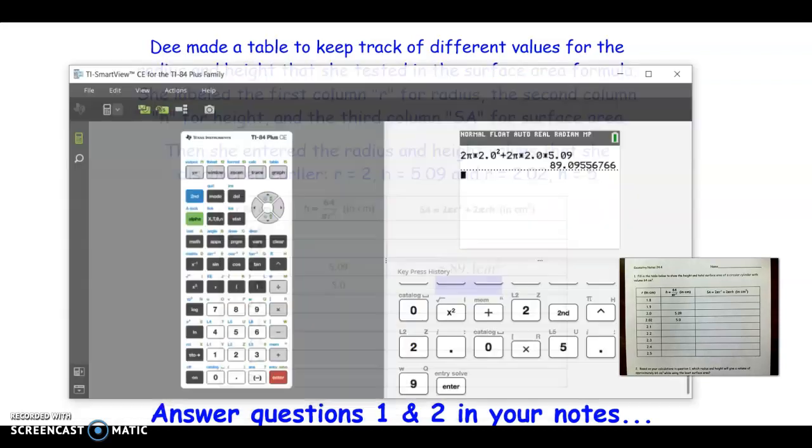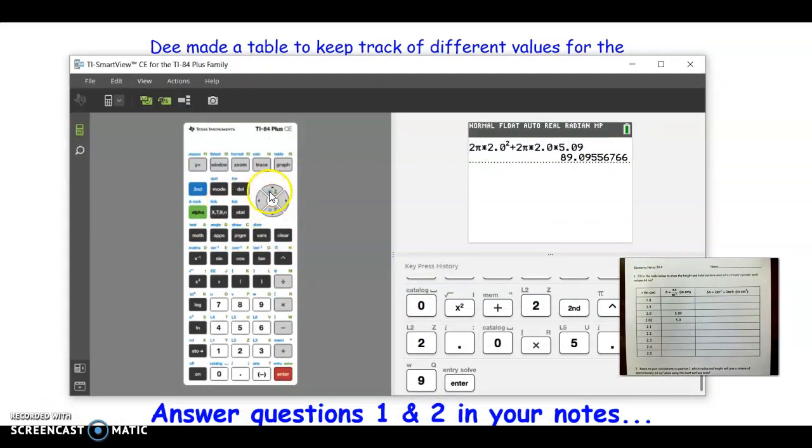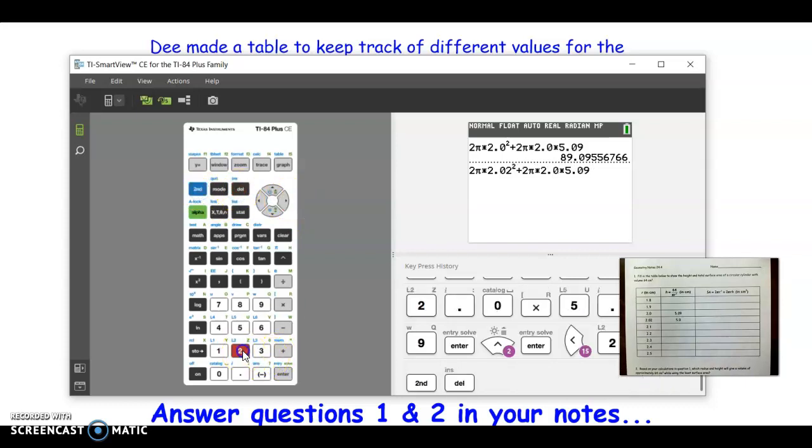Then for the second one, if you want to be lazy, you can scroll up, highlight that, press enter, and just make the changes that you need to. So for 2 pi r squared, instead of 2.0 squared, we want 2.02 squared. So I'm going to enter a 2 here. That's 2.02 squared. And then I have 2 pi r, I'm going to insert a 2 here.